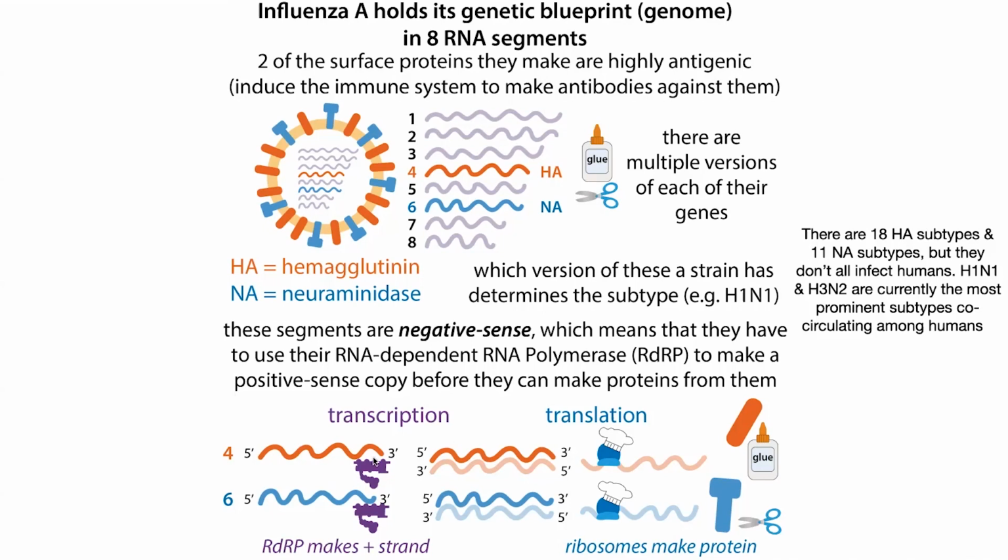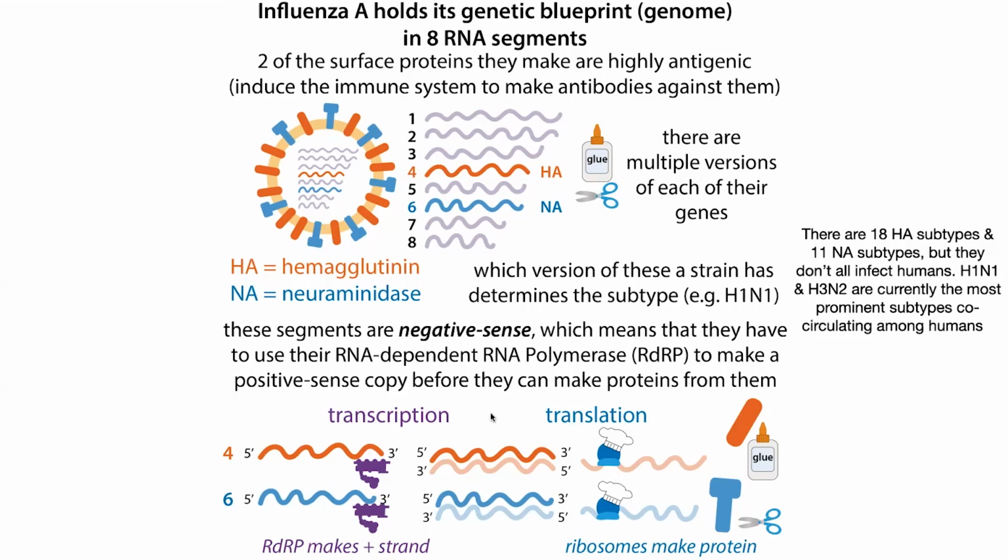In their case, they have an RNA recipe and they have to make an RNA copy of that RNA recipe, and then they can make protein from it. They make the RNA copy that has the instructions for the proteins using the RNA-dependent RNA polymerase, the RdRp. It makes the positive sense strand, and then the cell's ribosomes and machinery will make protein from it.